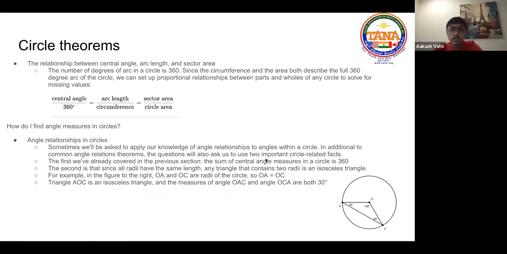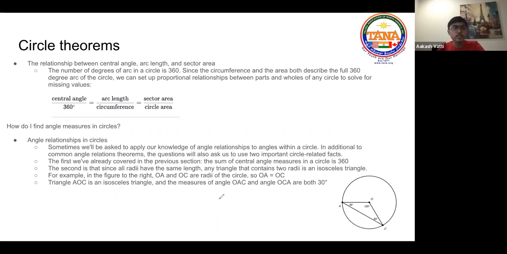Since the circumference and the area both describe the full 360-degree arc of a circle, we can set up proportional relationships between parts and wholes of any circle to solve for the missing values. So here's a formula that does that: central angle over 360 degrees is equal to the arc length over the circumference, which is equal to the sector area over the whole circle area.